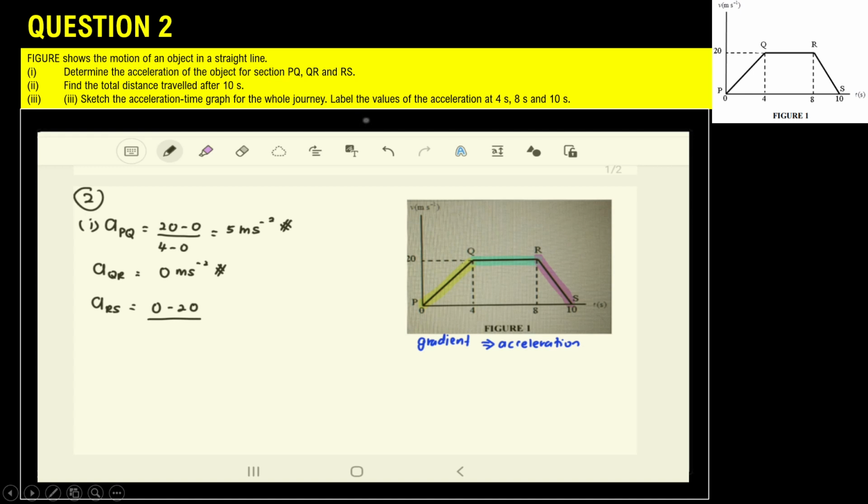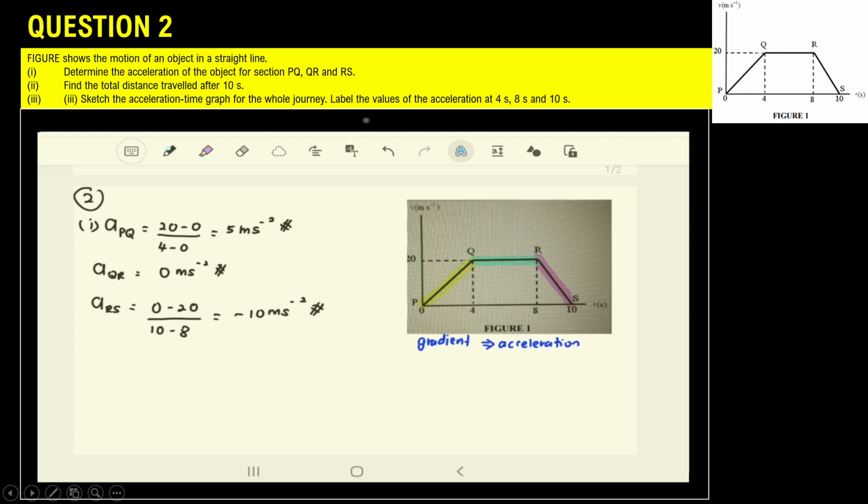And for the x component we have 10 minus 8 seconds. The answer is negative 10 meter per second squared. Why is it negative? The velocity from R to S is decreasing from 20 meter per second to 0, which means the motion of the object is decelerating. That's why it is negative 10 meter per second squared.